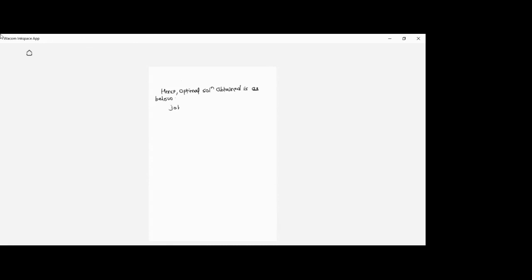So we have job, we have operator, and the corresponding time for an operator to complete that particular job is always to be written. So 1, 2, 3, 4, 5.